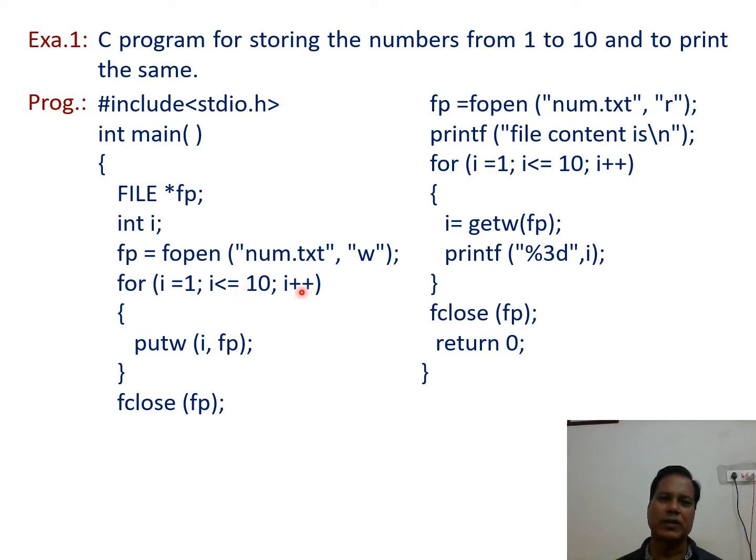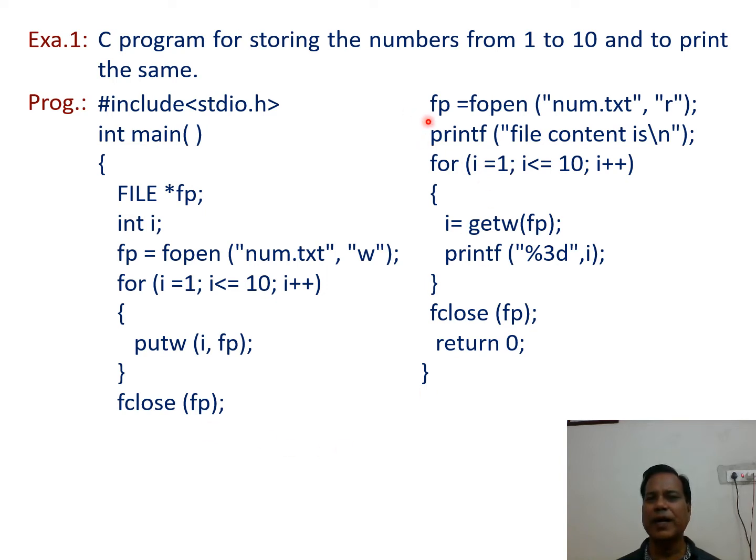Using this for loop, 10 integer data values, from i equal to 1 to 10, while this condition is true, putw(i, fp); the value of i is written into the file pointed to by the file pointer. So according to this condition, numbers from 1 to 10 are written into the file pointed to by the file pointer fp. Then when the condition becomes false, the file is closed.